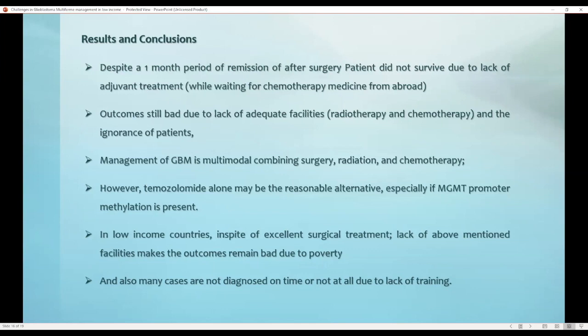And I want to draw our attention: if these glioblastomas are diagnosed in advance, with good surgery, and if radiation and chemotherapy agents are also available, we can hope to increase the survival time.